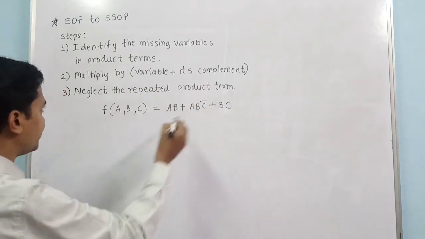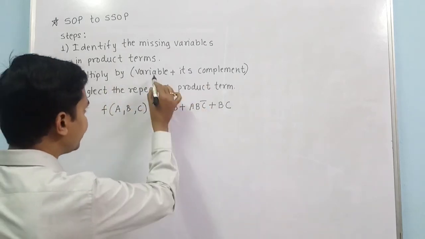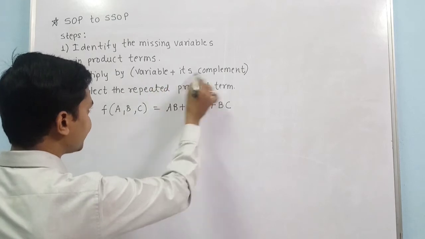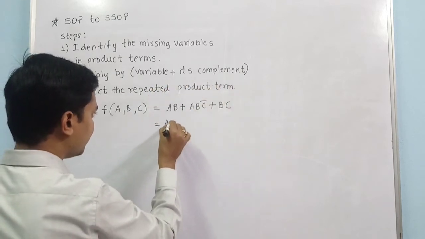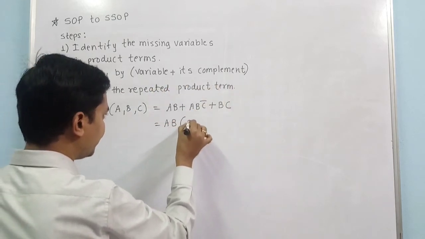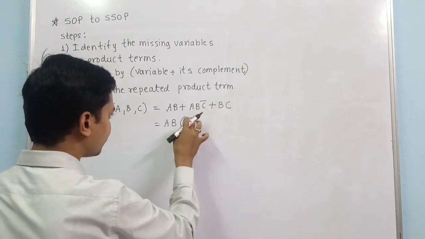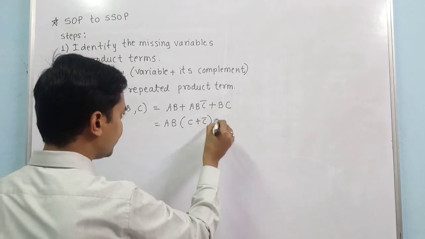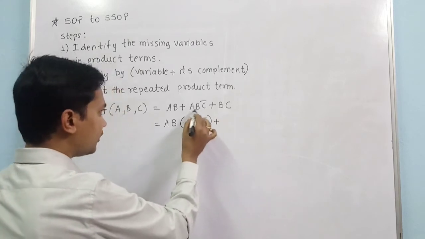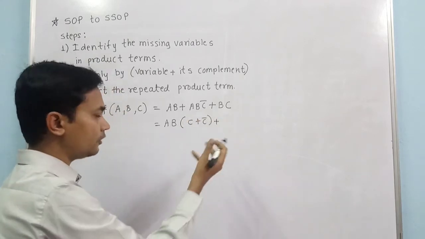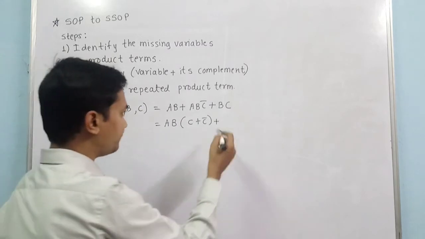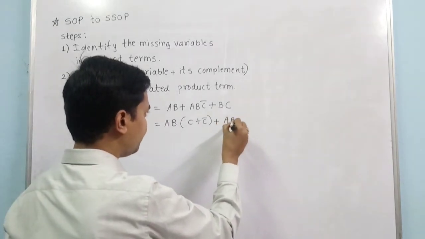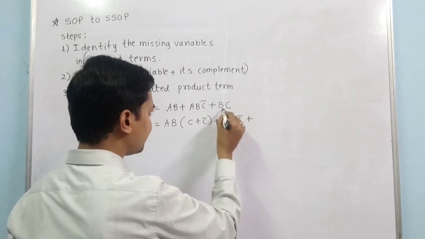The next step is to multiply by the missed variable plus its complement. So here ab should be multiplied with c plus c bar. In the second term all the variables are present, so no need to multiply; it stays abc bar.